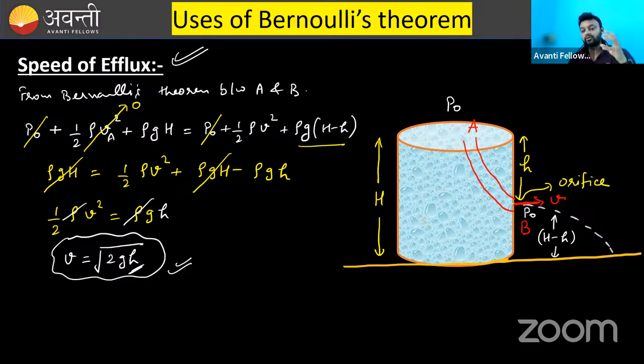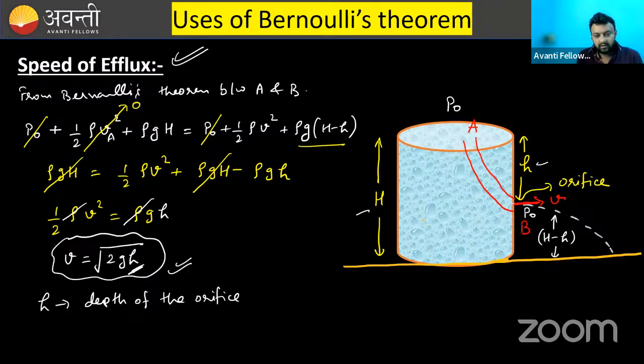Just don't get confused. There are so many H's. There is a capital H, there is a small h, there is H minus h. So what you need to remember, the h in this formula is the depth of the orifice from the top surface of the liquid.